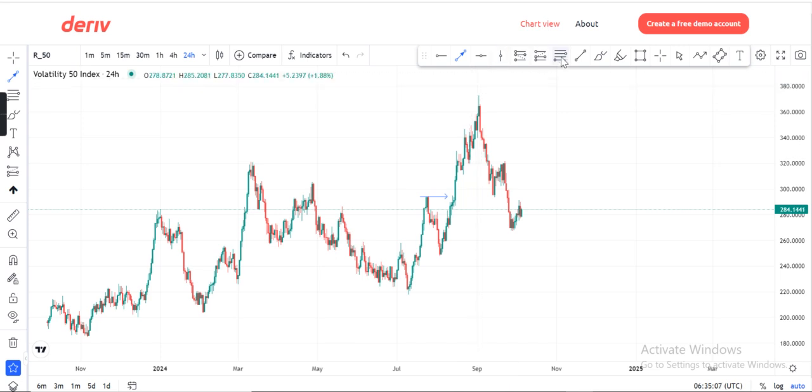Market also created this high, and we can also see this low.